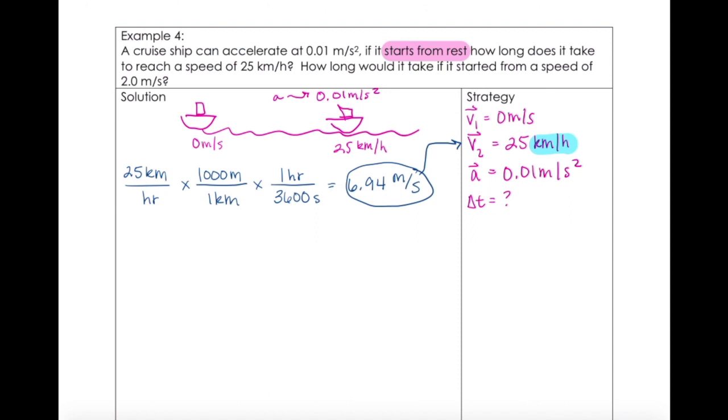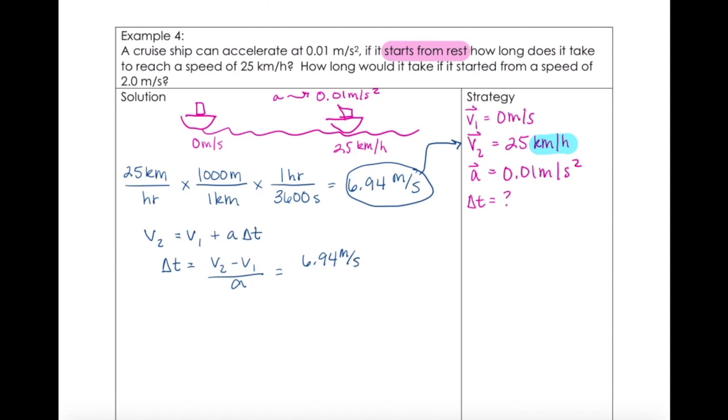Okay, so we have our 4 variables, and so if you look, we do not have delta D, so we don't have displacement. So using the equation V2 equals V1 plus A delta T, when we arrange it to solve for delta T, you should get V2 minus V1 all over A. Right, so plugging in the information that we know, our final velocity is 6.94.